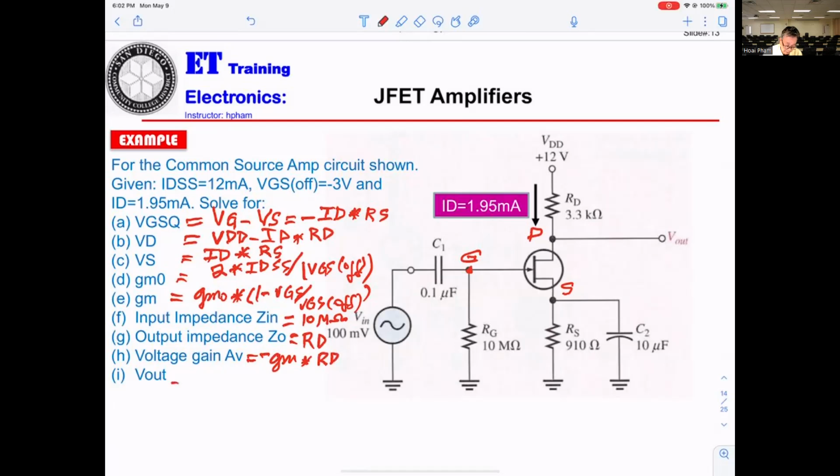V out, AV times V in. Okay, so that is including all of the formulas for you to do your calculation.